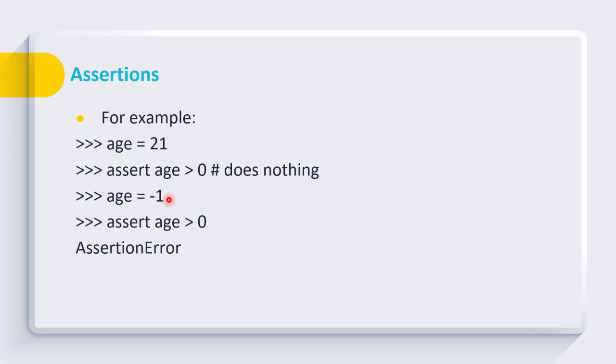But if age has a negative value and you write assert age > 0, this condition will return false this time, and if this condition returns false, it will raise an assertion error. So you can easily enforce preconditions by using an assert statement. Simply I can conclude that if the precondition is satisfied, it does nothing, but if the precondition fails, it will raise an assertion error. You can build a Boolean expression for your preconditions with an assert statement.